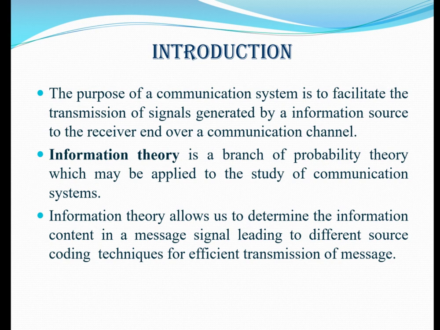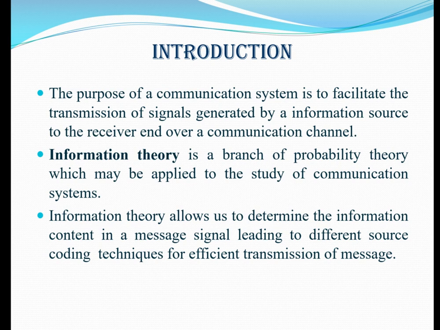So why is information theory required? This particular message signal which is being transferred from the transmitter to the receiver needs to be assessed, which means that I need to find out how much information there is in that particular message signal. So how to calculate information?